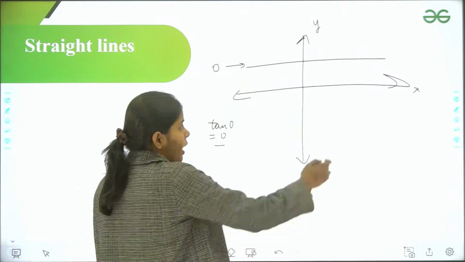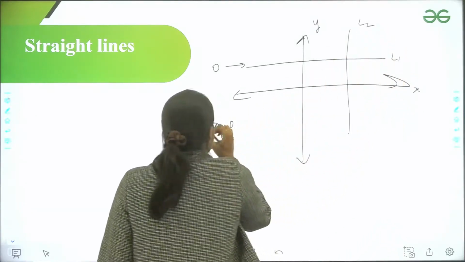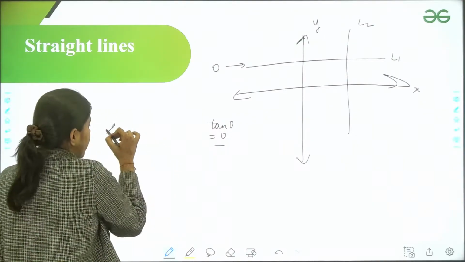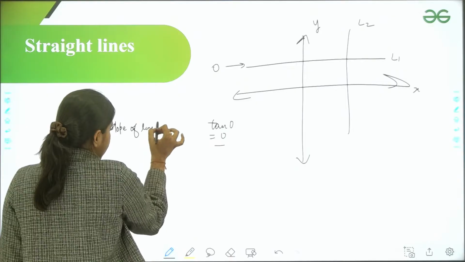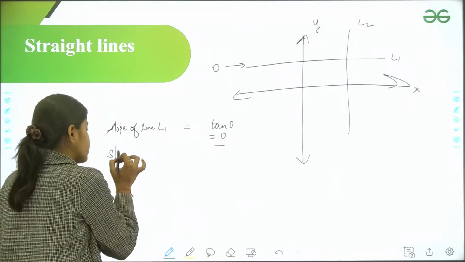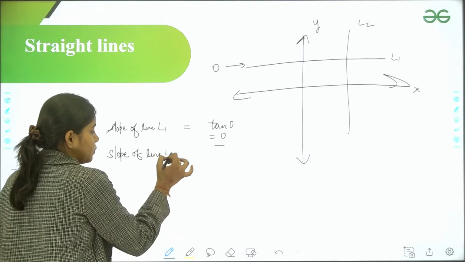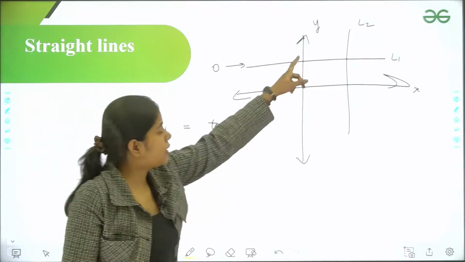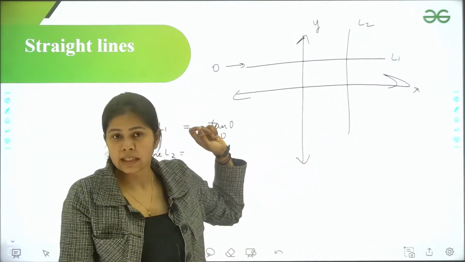And let's suppose I have a line parallel to the x-axis, this is L1, and this is L2. Slope of line L1 is equal to tan 0. Now let's suppose I have to find the slope of line L2. I can see that if a line is parallel to the y-axis, that means with the x-axis it would be at 90 degrees.